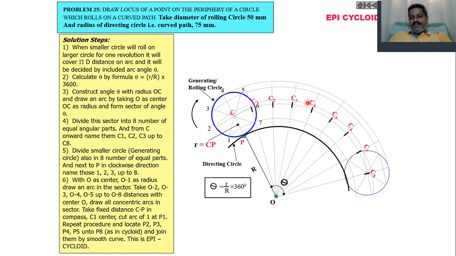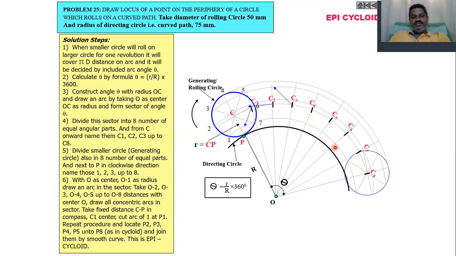After locating the center points, take CP as radius with C1 as center and intersect the first concentric arc to the directing arc. Like this, you will get one intersecting point here. With C2 as center, intersect the second concentric arc to the directing circle.